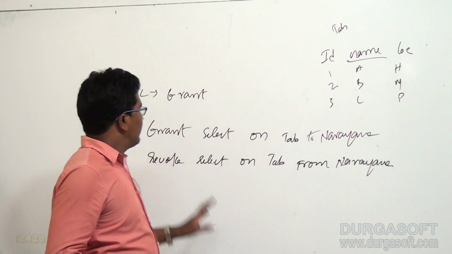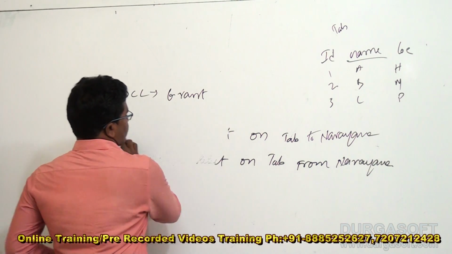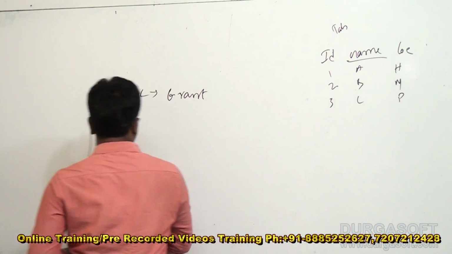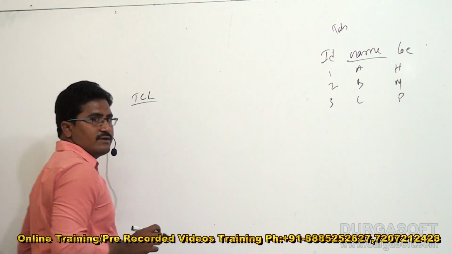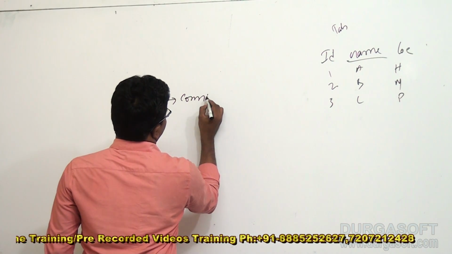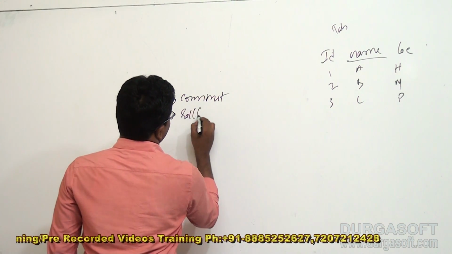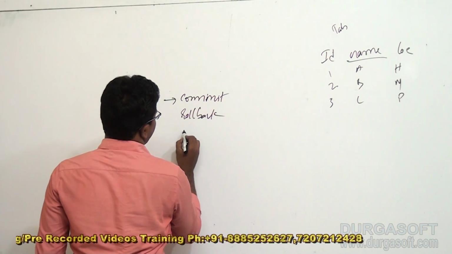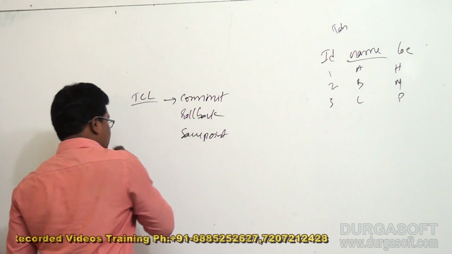Grant and revoke. And the final one is TCL, transaction control language. Here we have commit, rollback and save point.